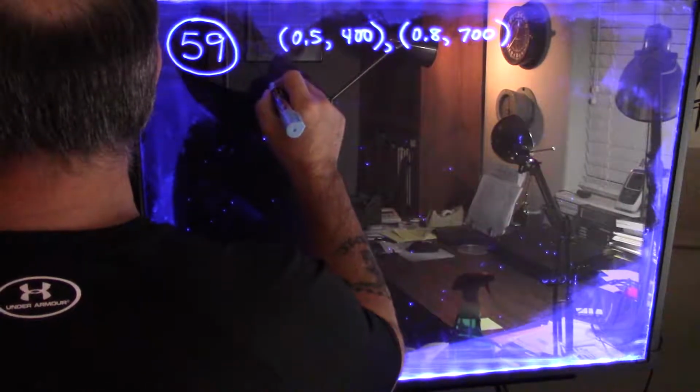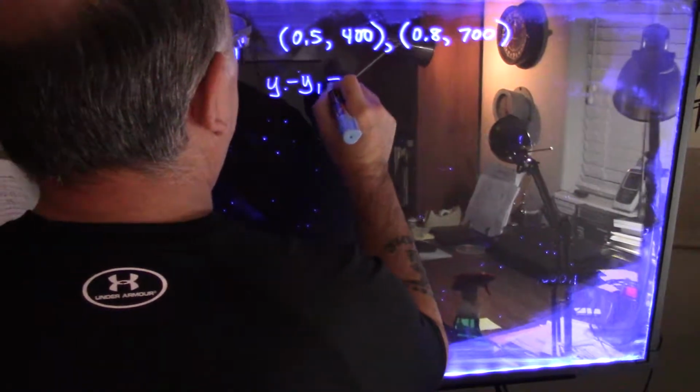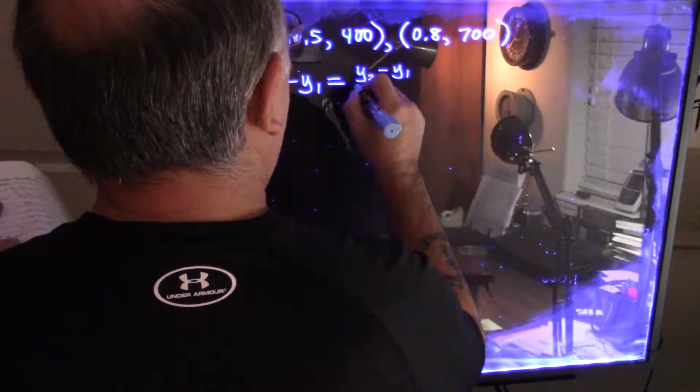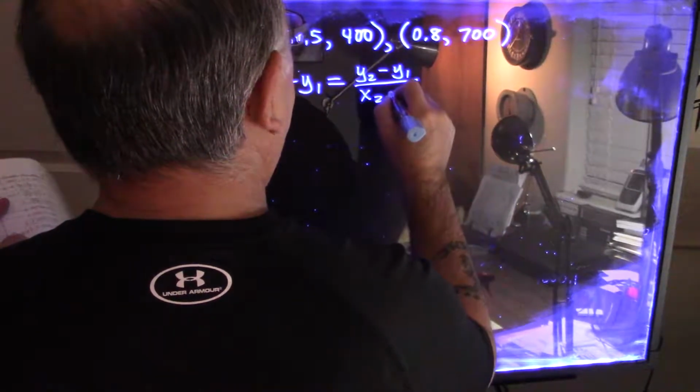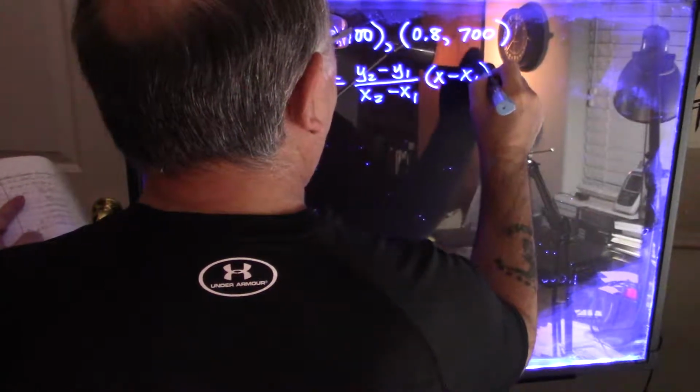So we've got y minus y1 equals y2 minus y1 over x2 minus x1 times the quantity x minus x1.